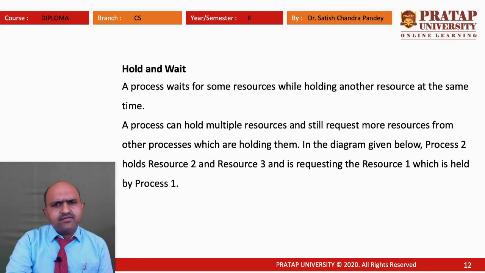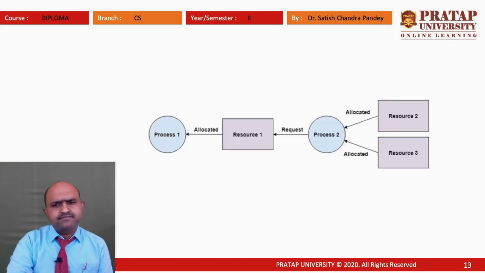In the following figure, we can say that process 2 holds resource 2 and resource 3 and it is requesting resource 1 which is held by process 1. This is the figure.